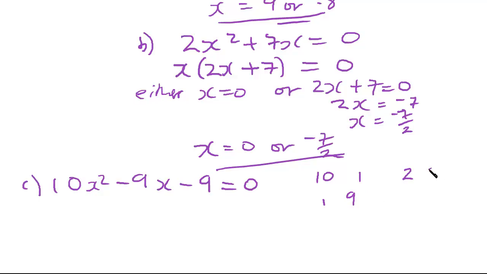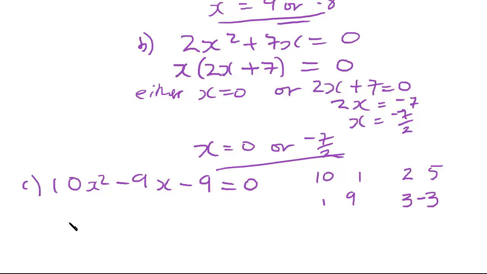So let's try 2 and 5 for 10. I'm actually going to just jump a bit and try 3 and 3. Now 2 times 3 is 6, 3 times 5 is 15. Now those differ by 9. Fortunately, you've got a minus here. And we want a minus 9, so we need to get a minus. So if we did minus 3 times 5 is minus 15, and 3 times 2, 6, we would get minus 9 when we combined them.